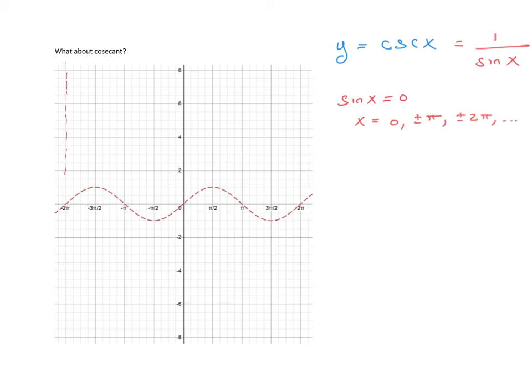So we have a vertical asymptote here, as well as here, at 0, pi, and 2 pi.